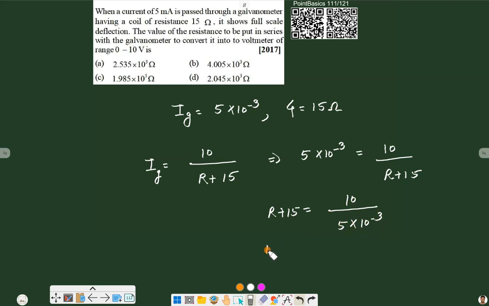So it will be R plus 15 is equal to 2000, and R will be 1985 ohm, or 1.985 into 10 raised to power 3 ohm. That is option C for us. Moving to the next one.